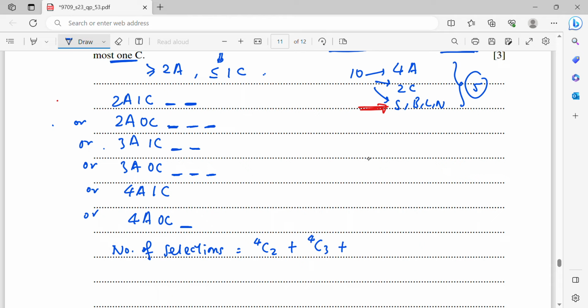For the third case I need 2 letters, so 4 choose 2. And then the fourth case I need 3 letters, so 4 choose 3. The last case, we do not choose any letters, but this is one way, so plus 1. And then plus, I need 1 letter from the SBLN for C1.